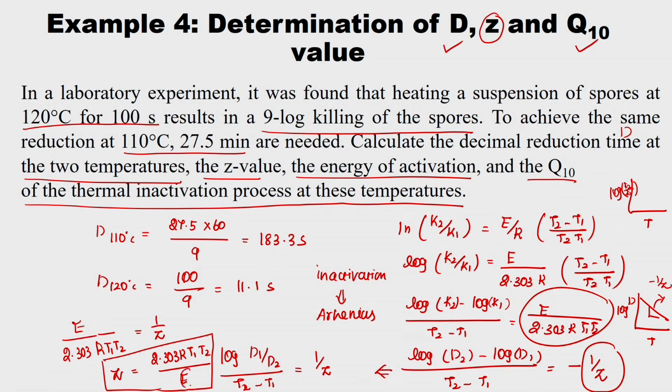If your activation energy is given, then you can find out Z, otherwise you are given D1, D2, that is what I require. Two temperatures are there, from that I can directly find out my Z. So now I know D at 110 is nothing but 183.3 second, D at 120 is nothing but 11.1 second.